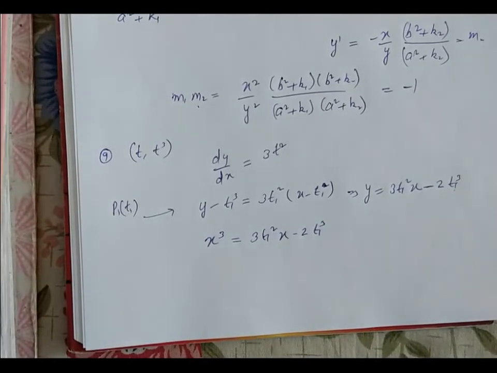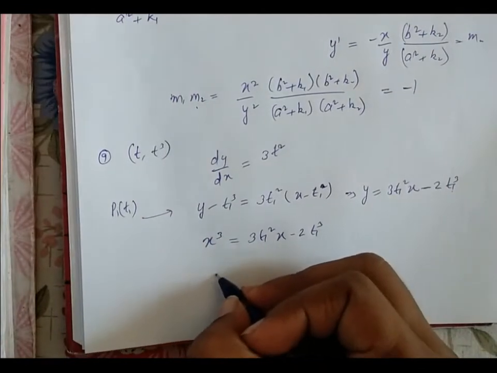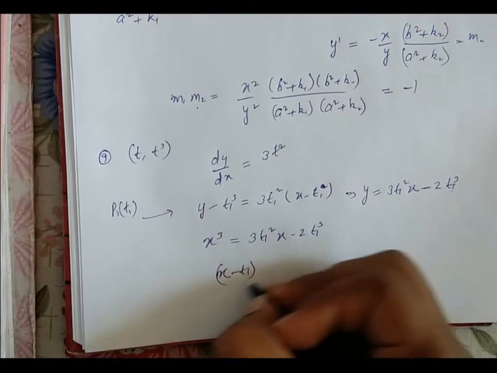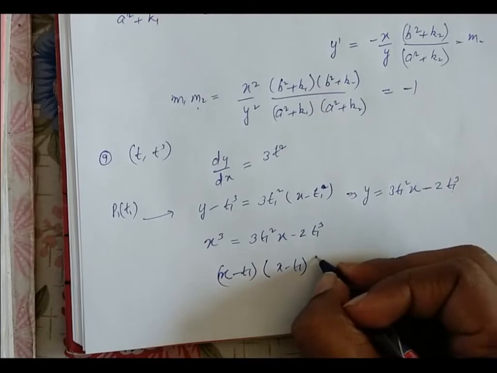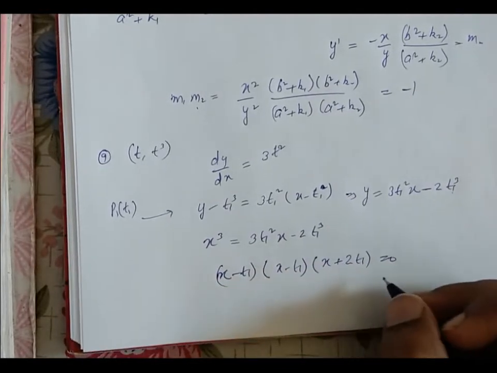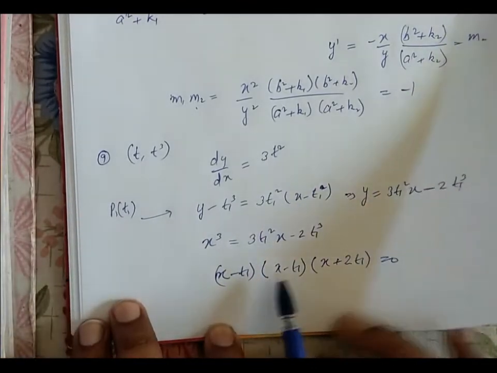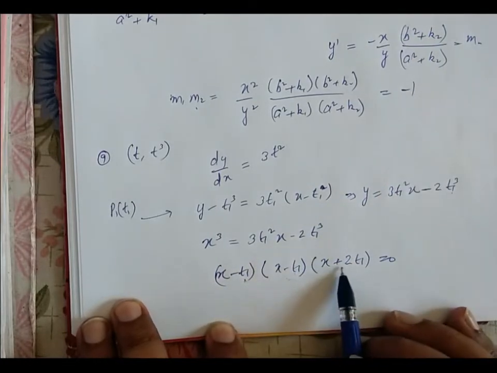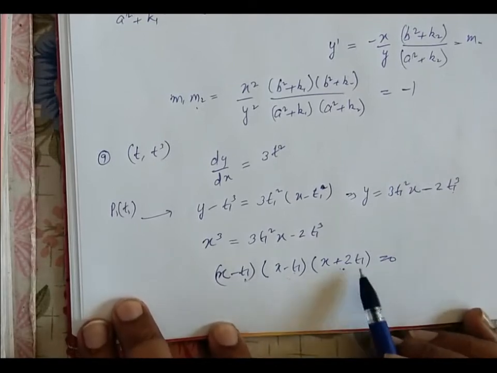Okay, clearly x is equal to t1 is going to be a solution. So let's factorize this. x minus t1 whole square and x plus 2t1 is equal to 0. Okay, so we already know that t1 is going to be a double root for this equation, and hence the next point of intersection of this line with the curve would be minus 2t1.